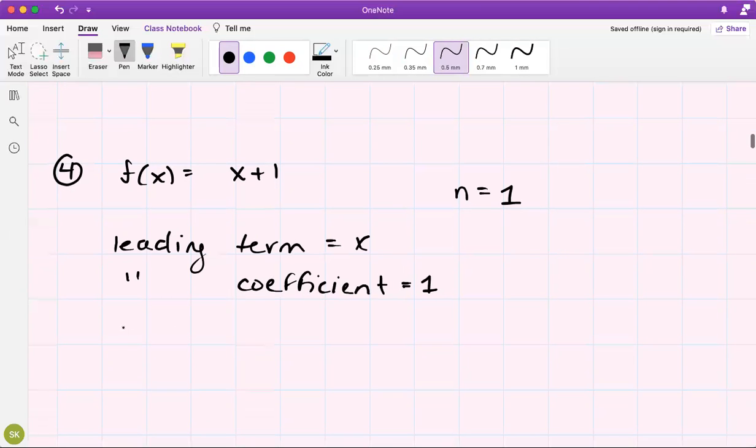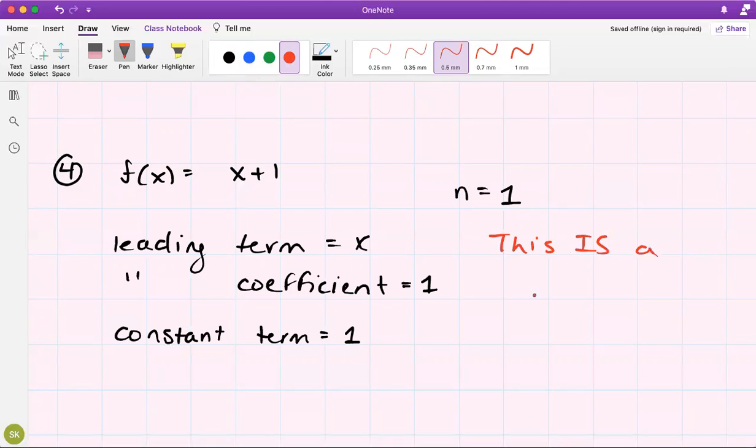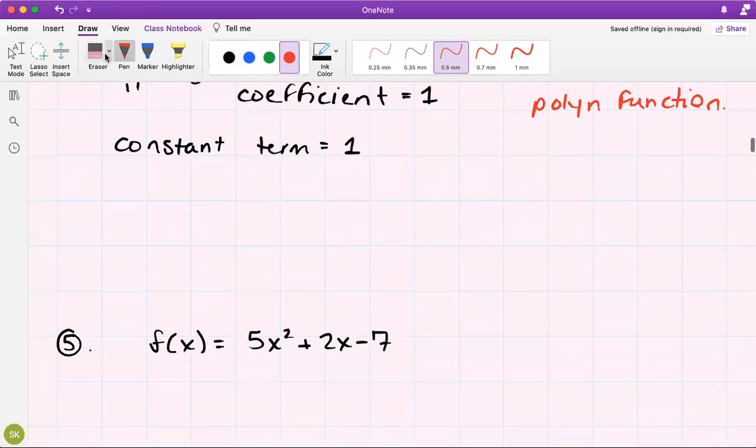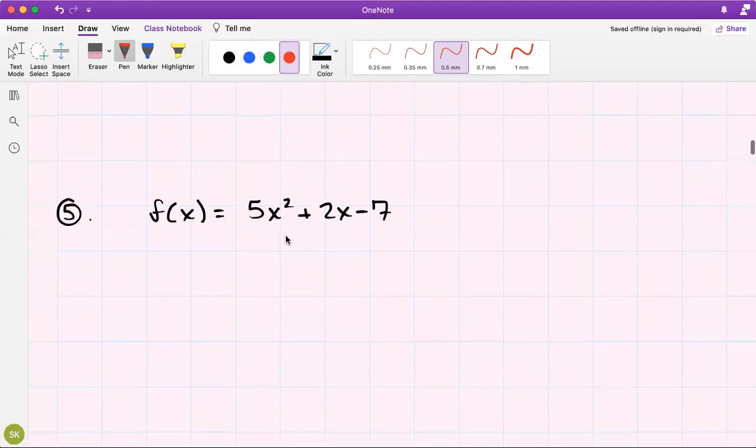We can see that the constant term is also 1. And this is a polynomial function. Okay, let's look at the next one. We've already talked about something like this. This is a quadratic, so it is a polynomial function.